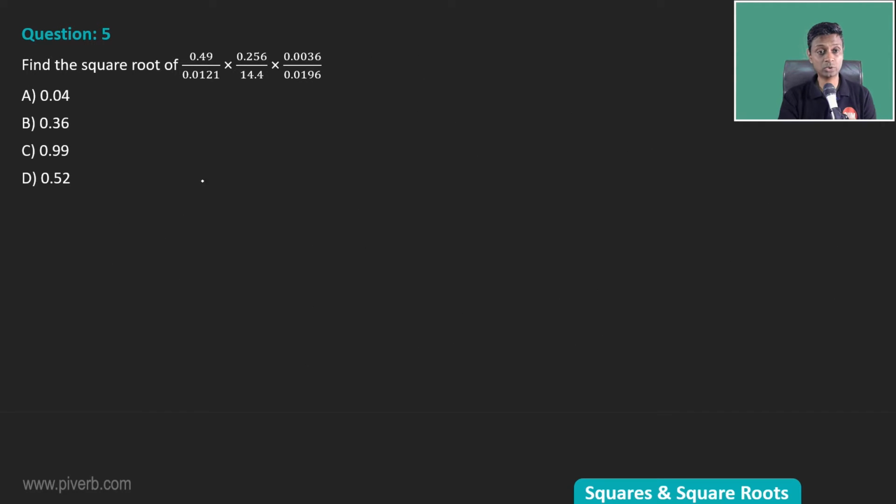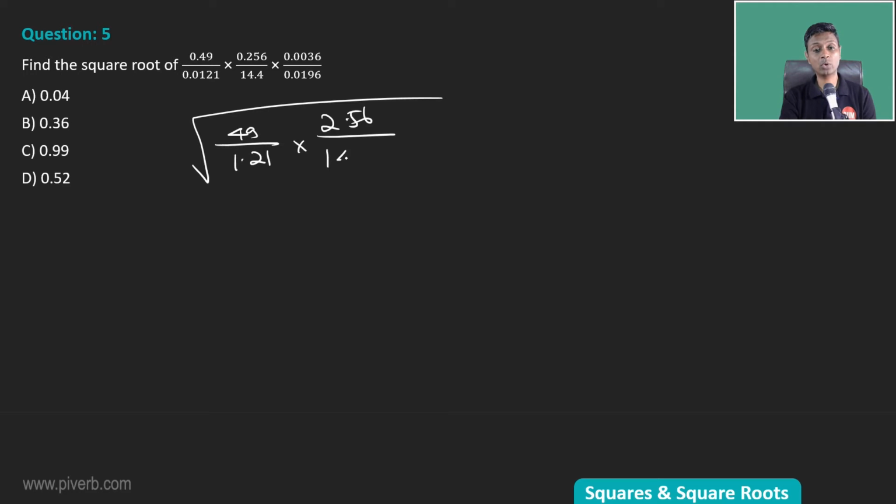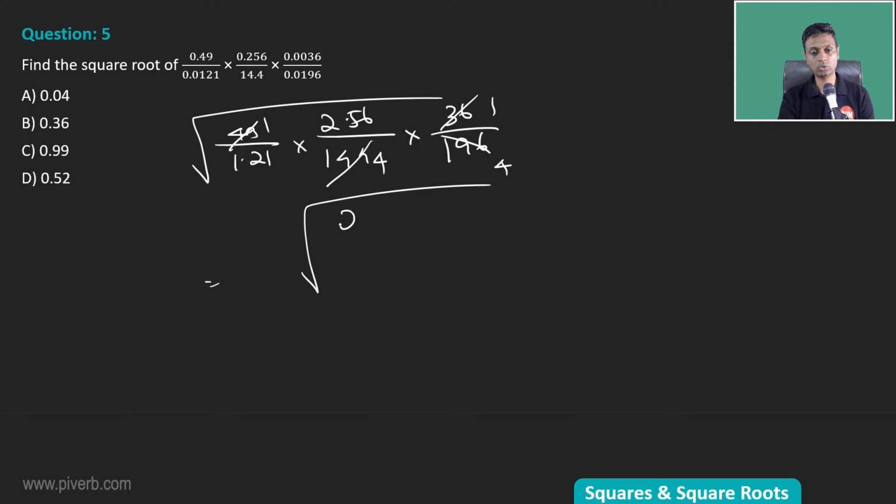I'm going to write these terms down all over again: 49 by 1.21 into 2.56 by 144 into 36 by 196. This will become 1 by 4. 36 into 4 is 144. 1 by 4. So this number is the square root of 2.56 by 1.21 into 4 into 4.